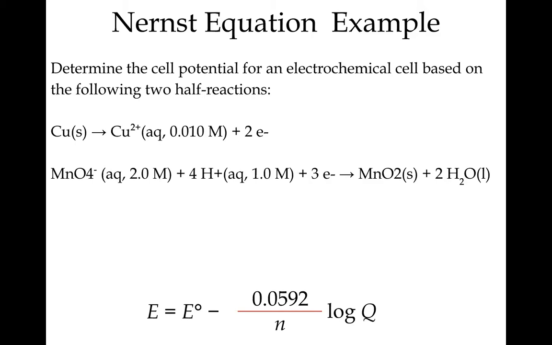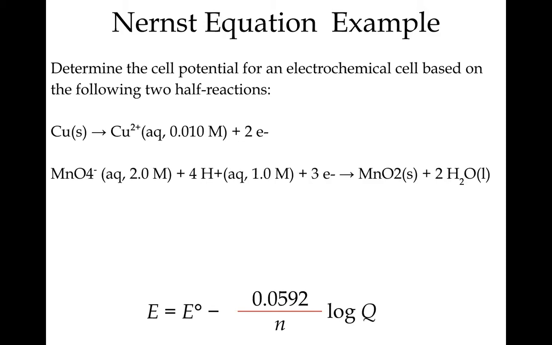So what I want you to do is figure this out. Now notice we've given you the concentration here, okay? So you have the concentrations. What else do you need to do?